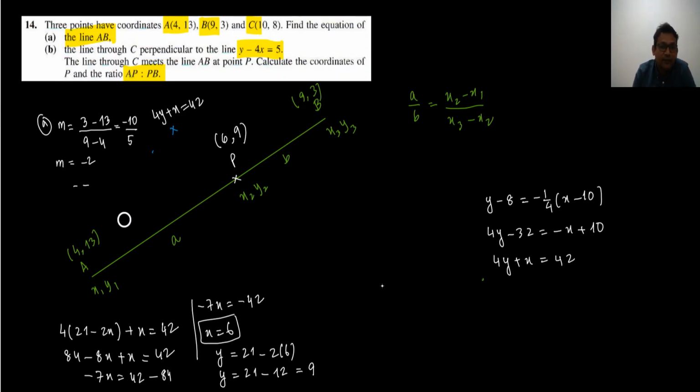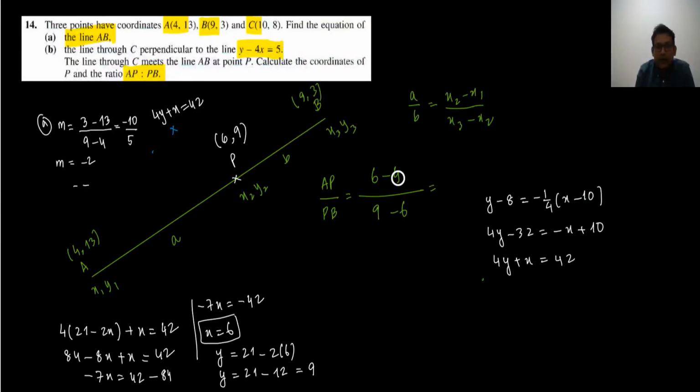Let's see. I will explain what we need actually. We need AP and PB. It's very simple. AP and PB. There is not much to it. You can use x, or you can use y. There is no problem. It's very easy. So AP is this part. We can use 6 minus 4, and then 9 minus 6.